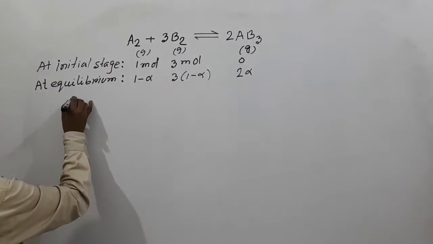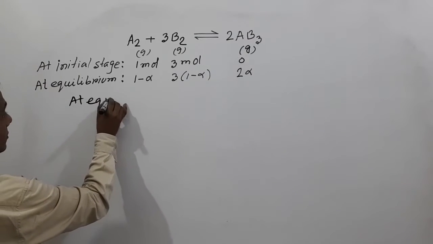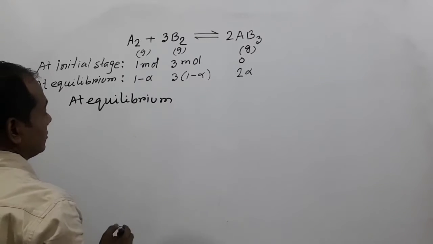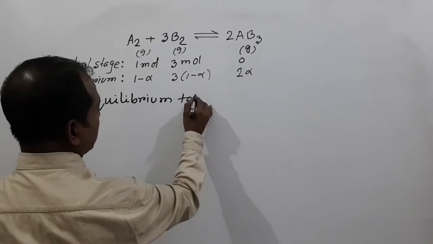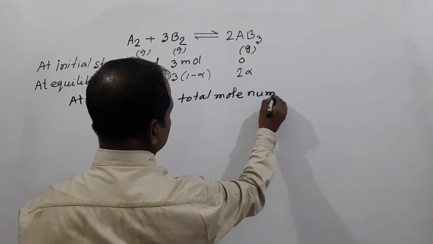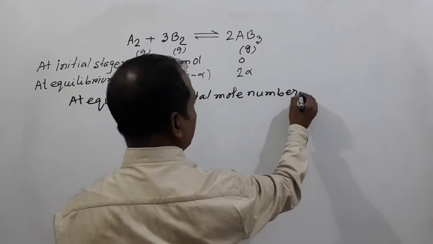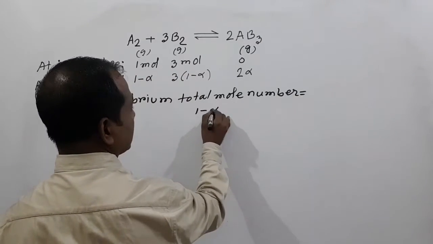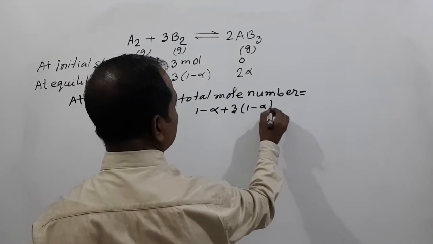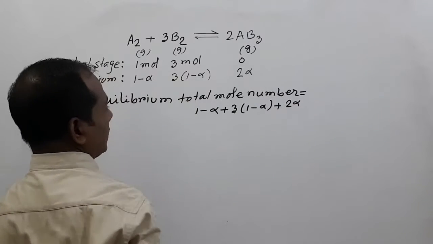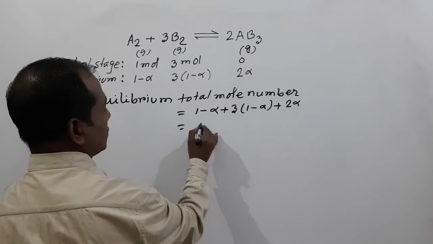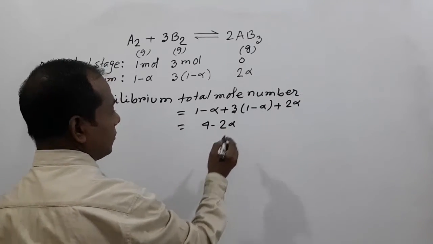That means at equilibrium, total mole number equals 1 minus alpha plus 3 into (1 minus alpha) plus 2 alpha, and we get 4 minus 2 alpha.